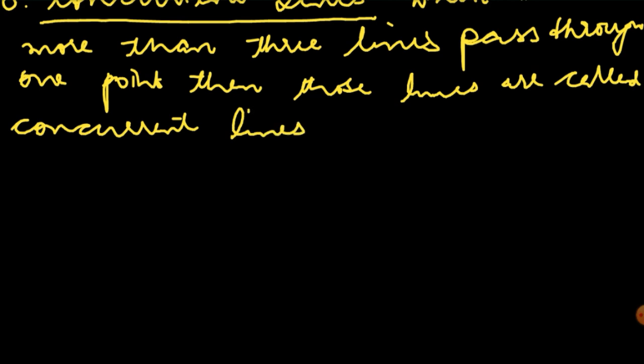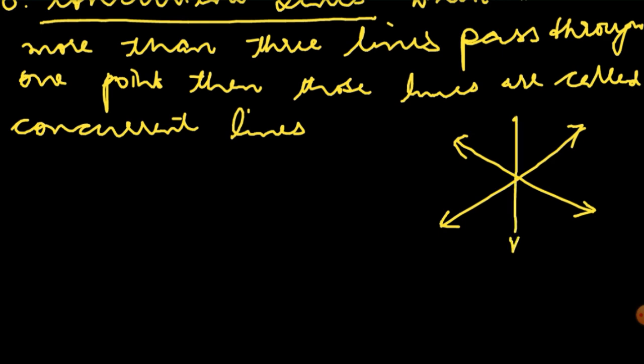For example, this is one line, this is one more line, one more line. So many lines are there which pass through one point. So all these lines are concurrent lines.